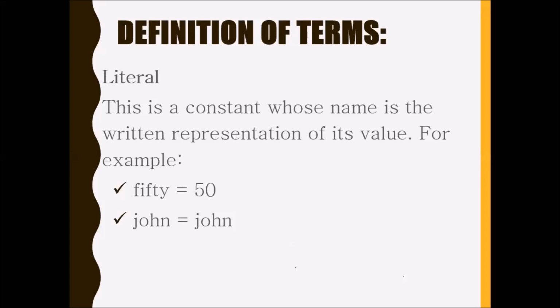This is where the name represents the value it is holding. So for example, 50, the word 50 equals the number 50. Caljon equals Caljon. So that's the example there.